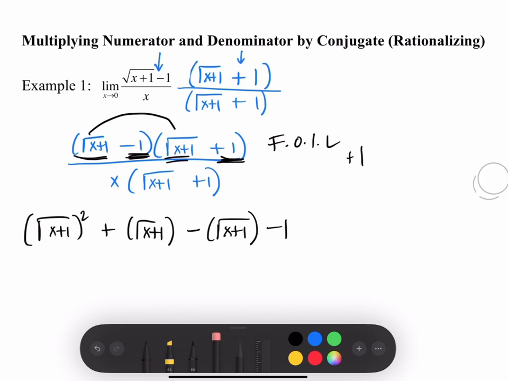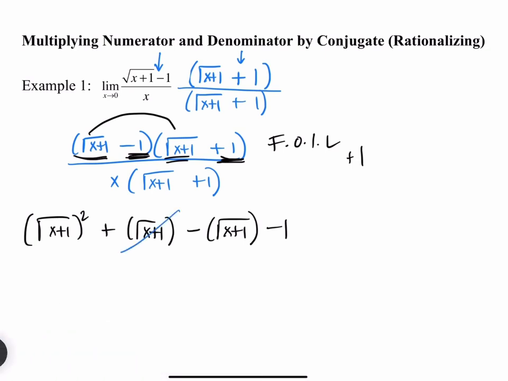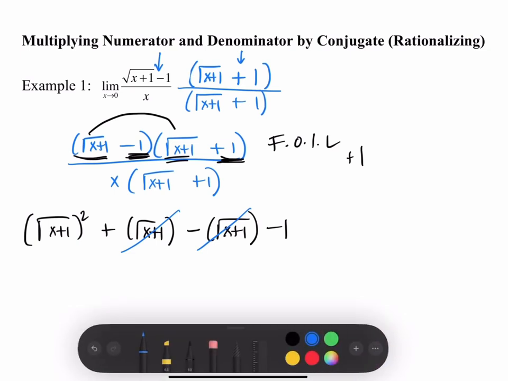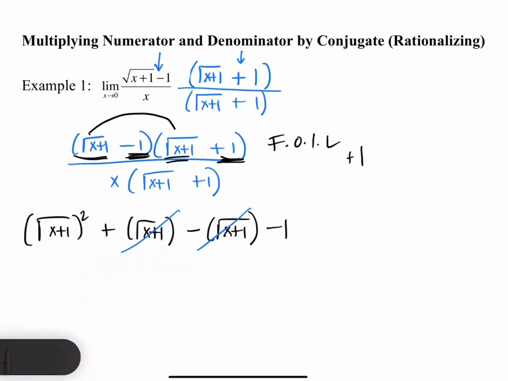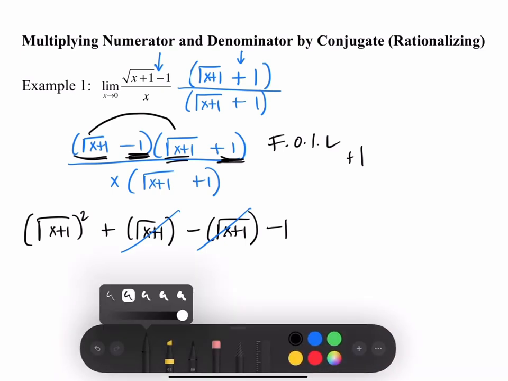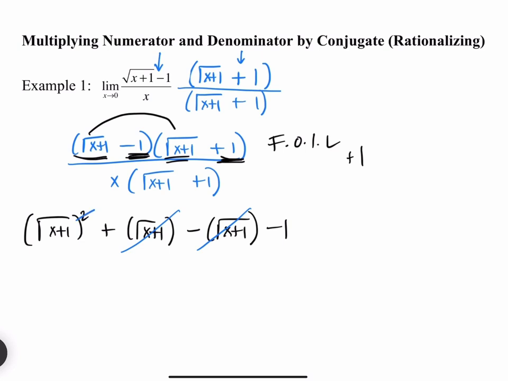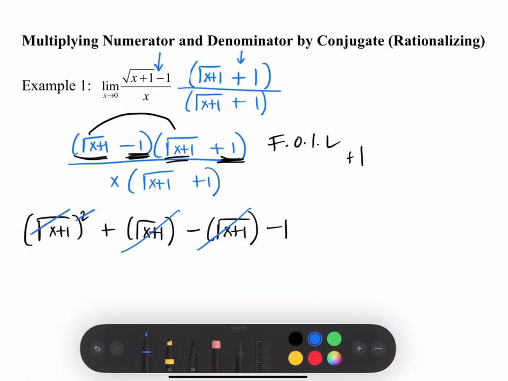Okay, so now that we have FOILed this, let's see what's going to cancel. Usually these two terms cancel whenever we deal with the conjugate, and so I'm left with radical x plus 1 squared. However, if you remember, a square and a square root are inverses of each other and they cancel, right?